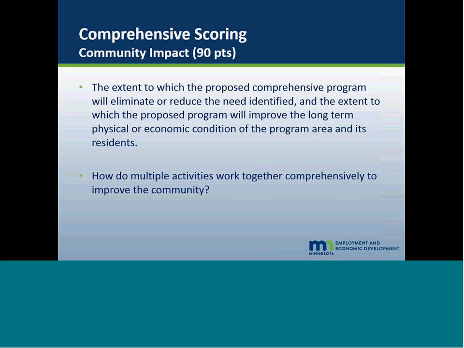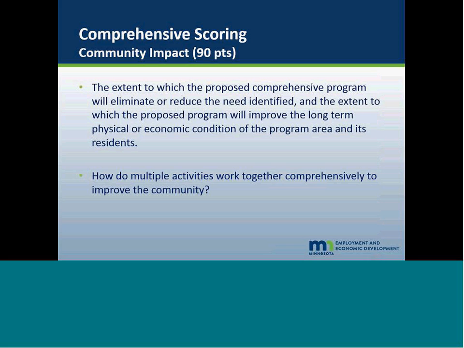To the extent that this proposed program will eliminate and reduce the need identified, how the long-term physical and economic condition of the program area and its residents. Be creative and explore how these multiple activities work together to improve the community.